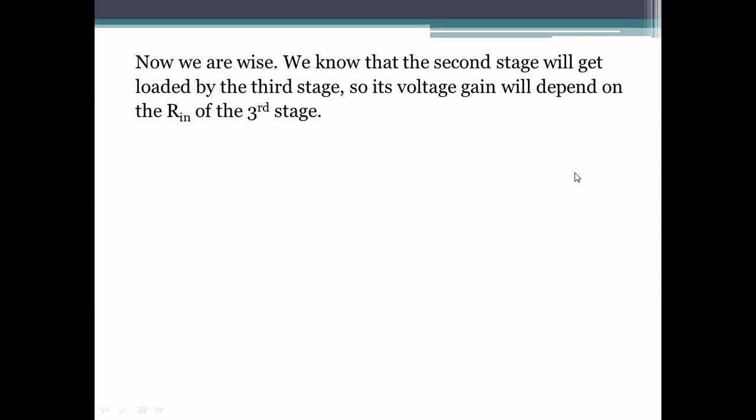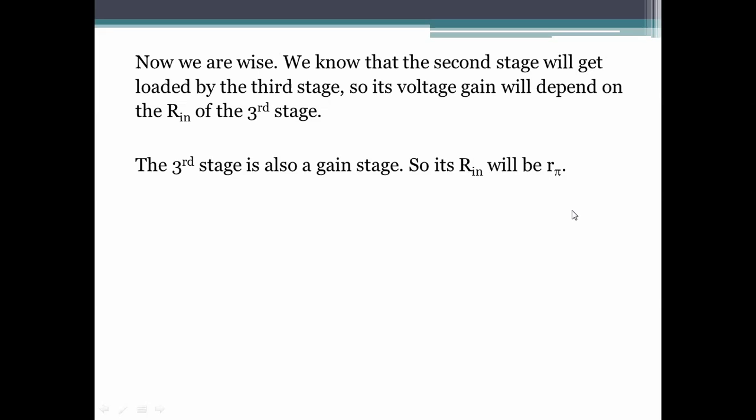Now we know that the second stage gain will depend on the third stage, because the second stage is loaded by the third stage, and the Rin of the third stage will come in parallel with the RC of the second stage. The Rin of the third stage will be R-pi, because we have planned for the third stage also to be a gain stage, so the emitter resistor is bypassed, and Rin is only R-pi.